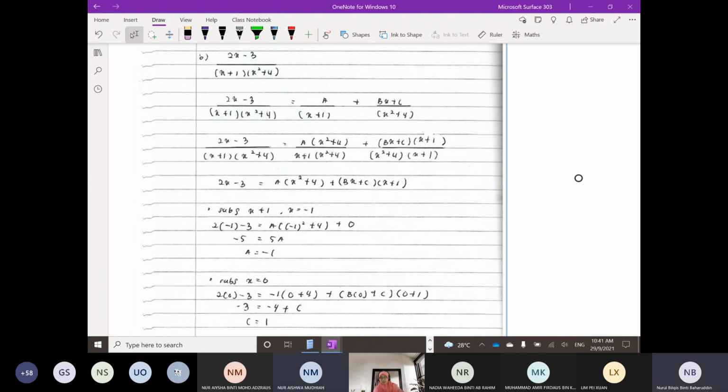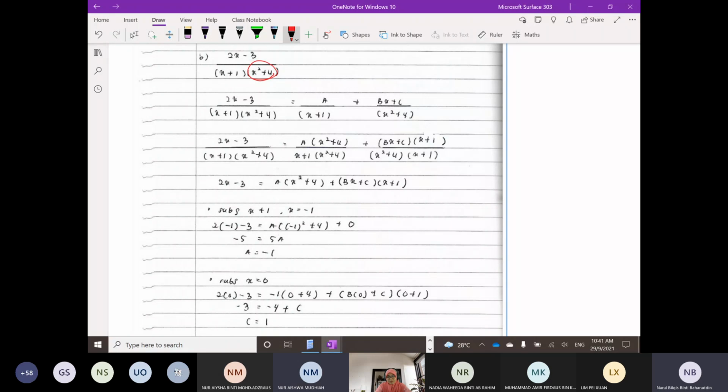Okay. Check atau tidak? Kamu check tak? Check tak kuadratik ni? You need to check. Tak, saya buat x plus 2, x plus 2. Okay. So that means kamu tak check lah.